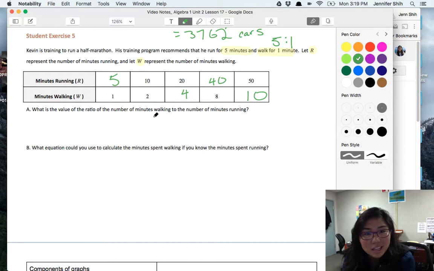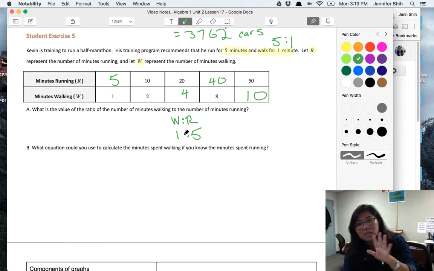And at this point, I want to make an equation as another way for us to problem solve. So what is the value of the ratio of the number of minutes walking to the number of minutes running? Well, for every 1 minute we walk, we run 5 minutes. It's a little different because we're doing walking first on the left and then running on the right, but otherwise it's the same numbers.